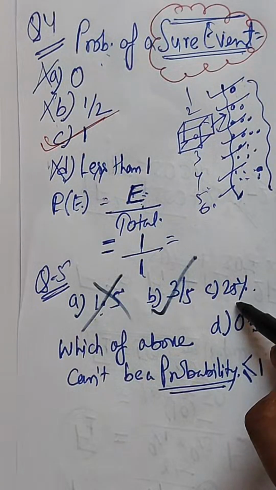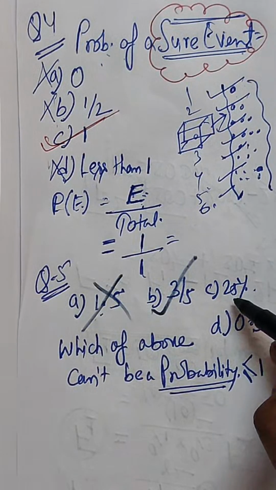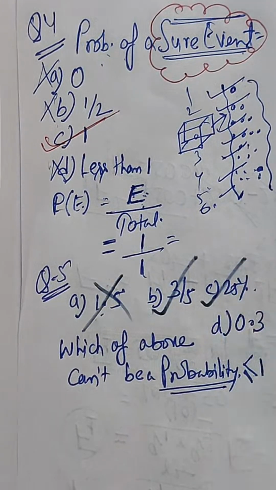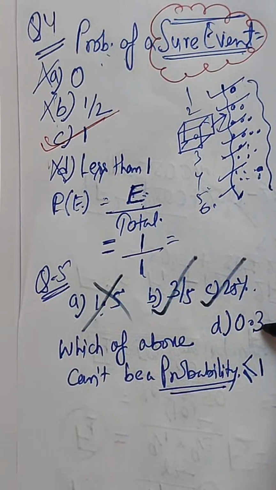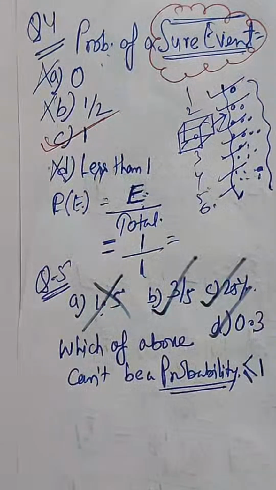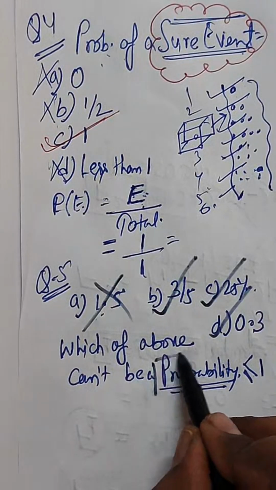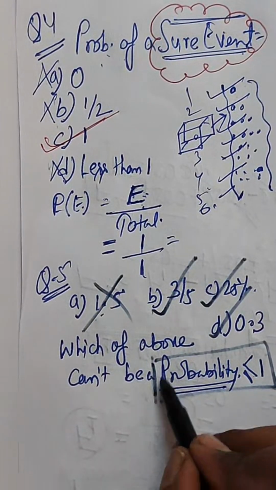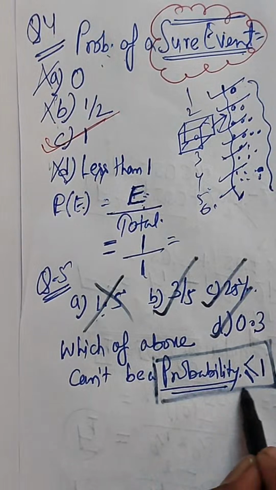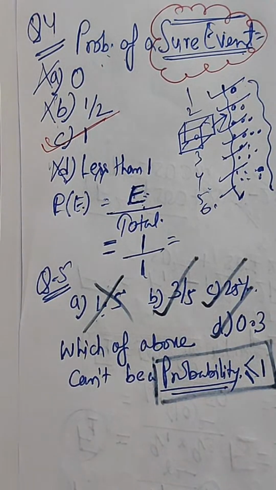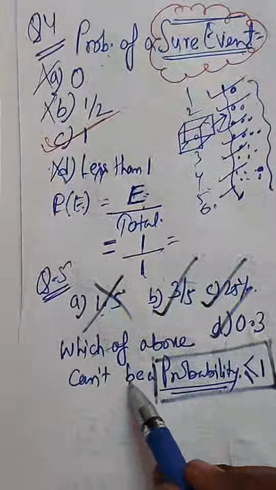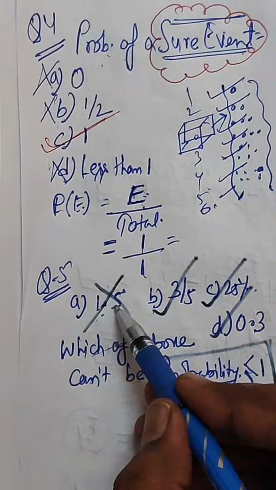25% is 25 by 100, that is 1 by 4, that is 0.25, that is also possible. And 0.3 is definitely less than 1, so this is also possible. All of the B, C, D options satisfy the criterion that the probability of any event is less than or equal to 1. So in this case, which of these can't be a probability? Definitely 1.5.